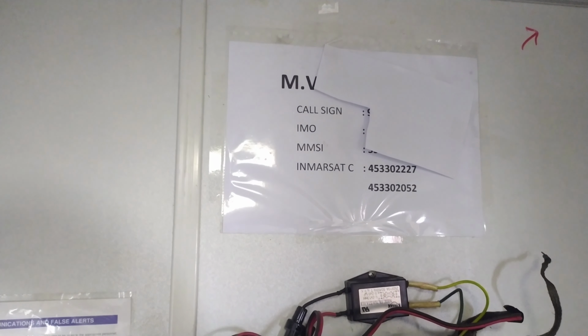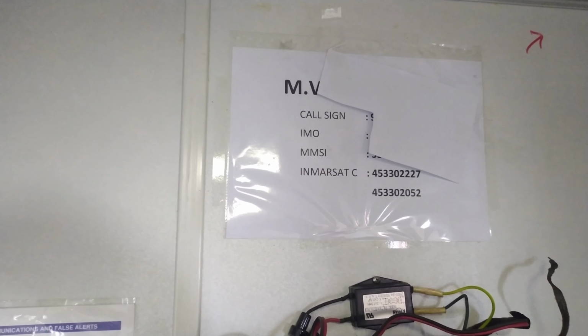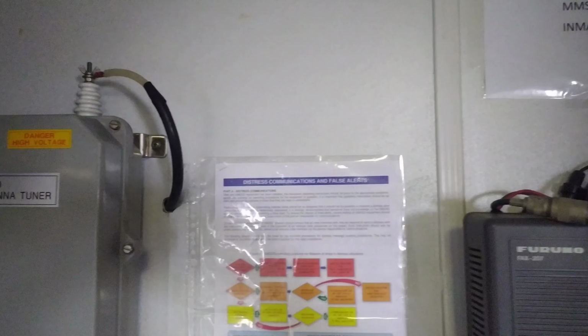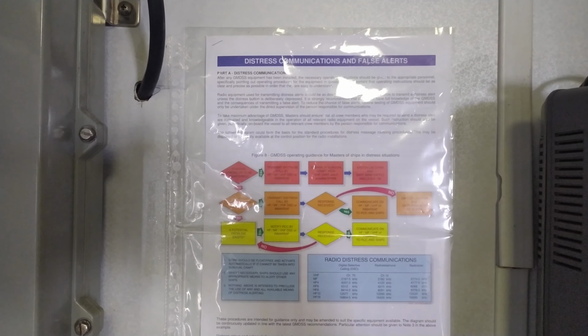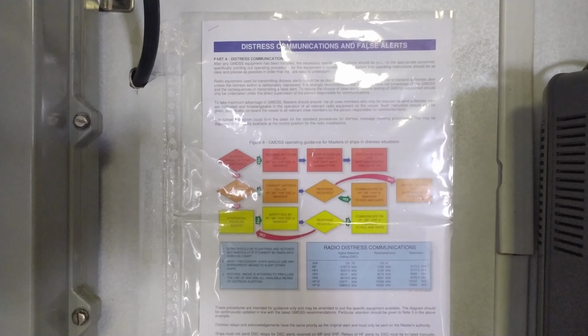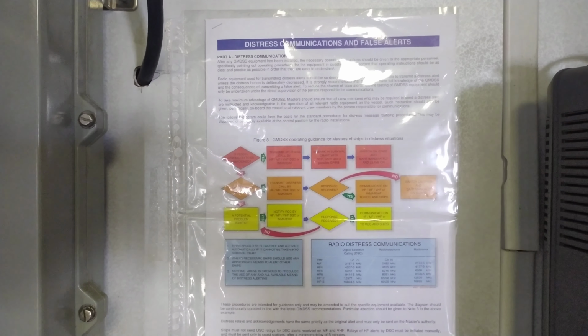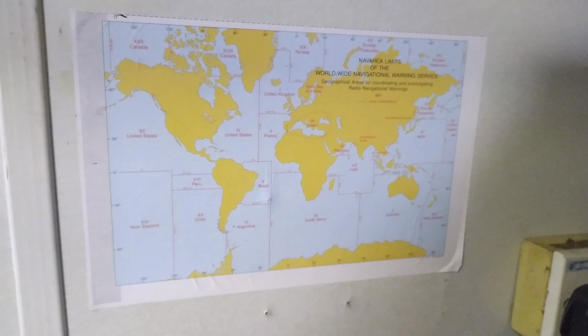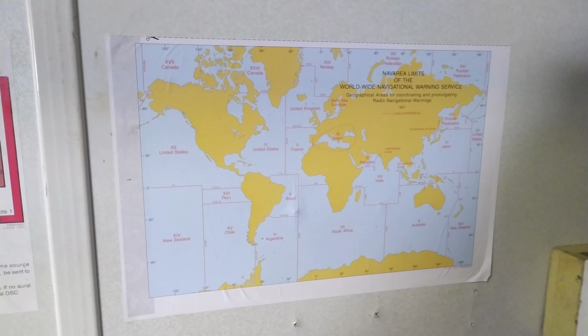We didn't have it posted, but the surveyor was kind enough to give us some time to do it. Again, the distress communication and false alert. How to cancel a distress alert and false alert. This paper you will find in your GMDSS volume 5. Again, the nav area limits. This nav area limit paper you have to post on your radio room.